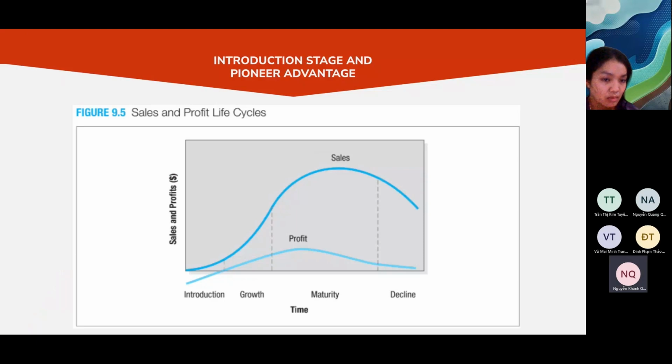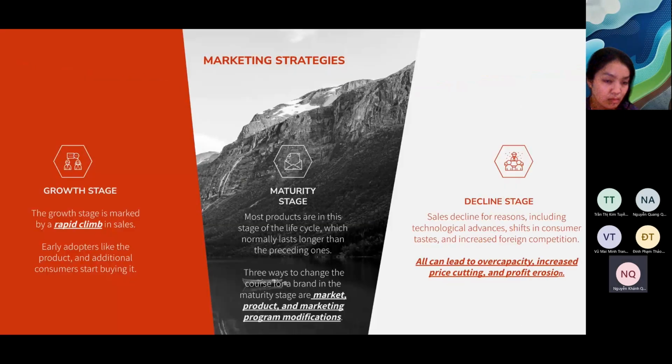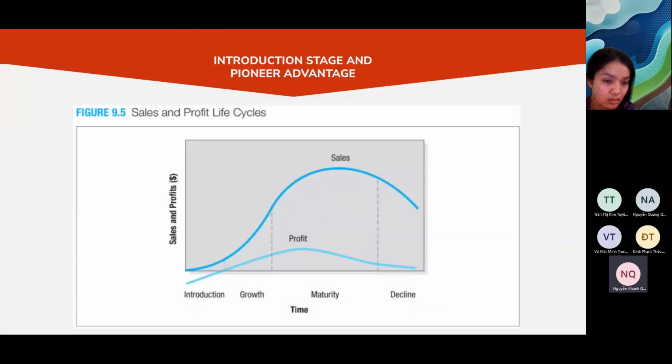Okay, you can see on the screen we are seeing figure 9.5. Typically, most product life cycles are portrayed as a bell-shaped curve, typically divided into 4 stages: introduction, growth, maturity, and decline. In introduction, sales grow slowly as the product is introduced, and profits are non-existent because of the heavy introduction expense.